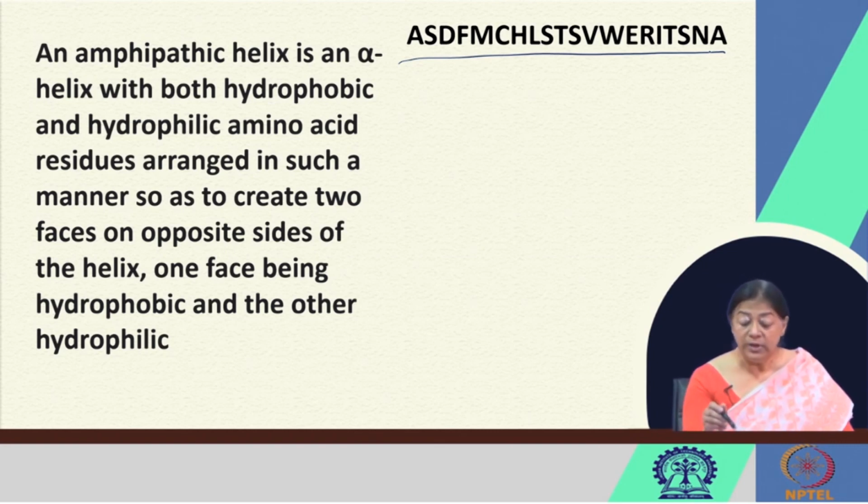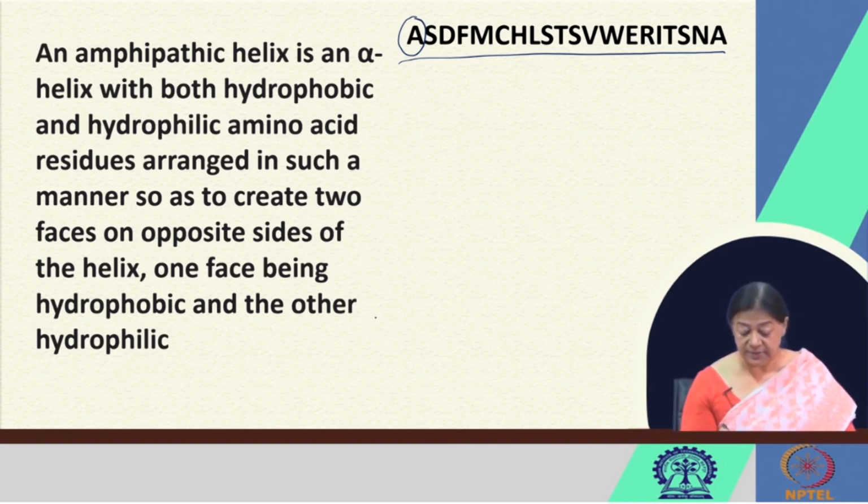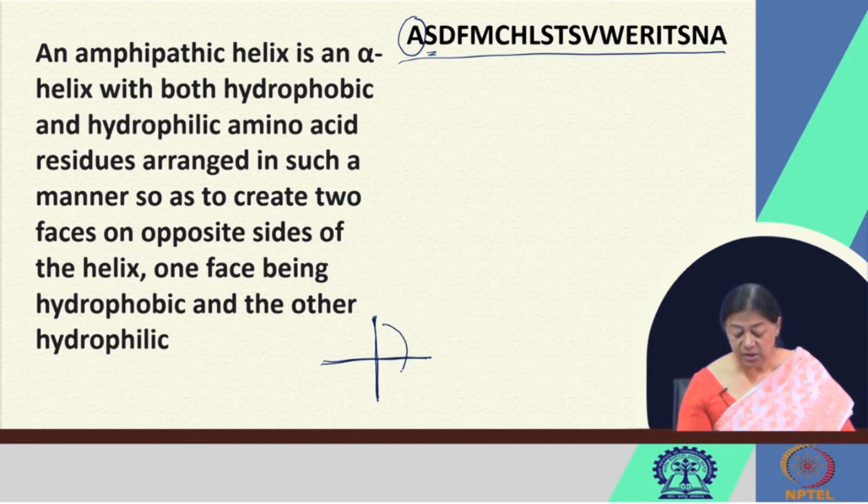We know that residue number 1, alanine, is going to be at the top, say. The second residue, serine, is going to be 100 degrees away. So, if we just draw a circle like this, with an axis, we know that this is 90 degrees, so we can say that this is around 100. If alanine is here, it means serine is here. D, that is aspartic acid, is going to be 200 degrees.